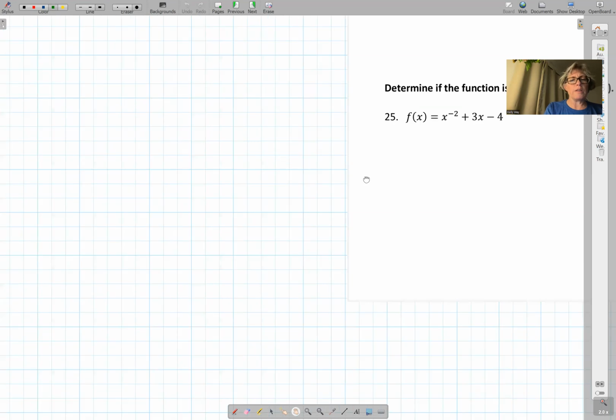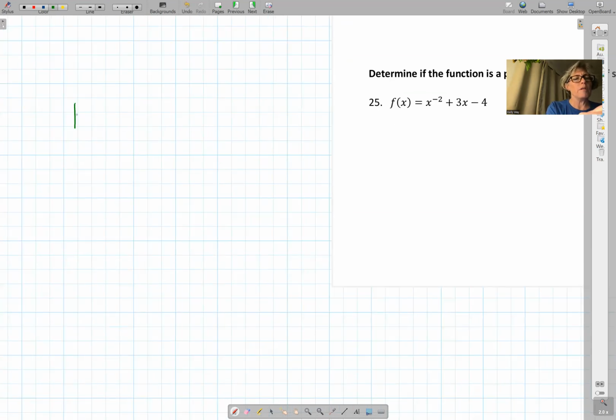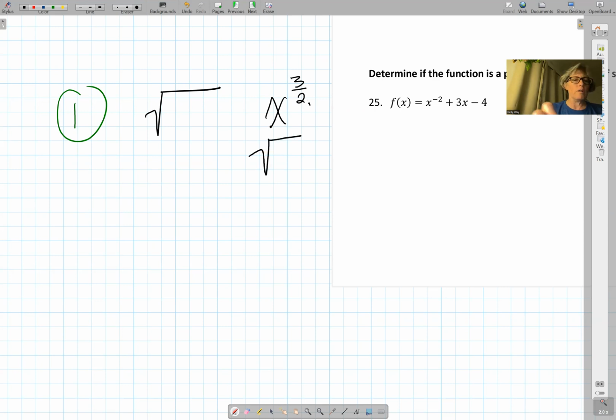I'll make a list here. Number one, when you glance at it, what you know is not a polynomial is if your variable has a radical. That's why you can't have fractional exponents, because an exponent like this means the square root of x to the third. That is not a polynomial.